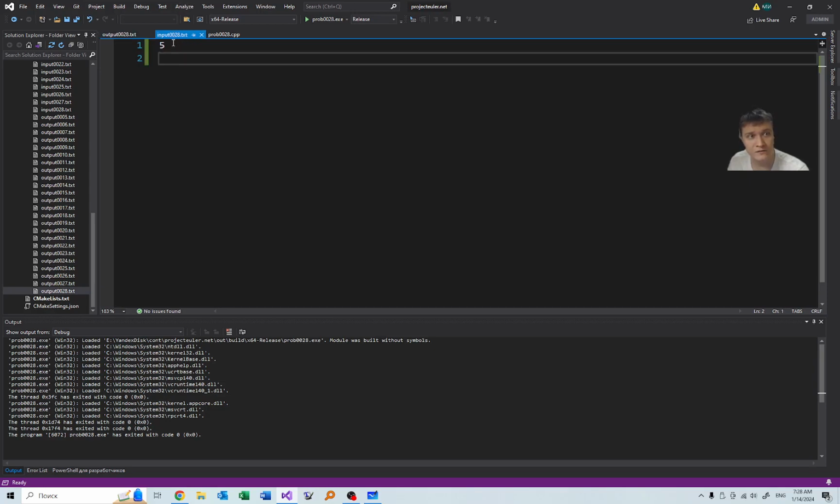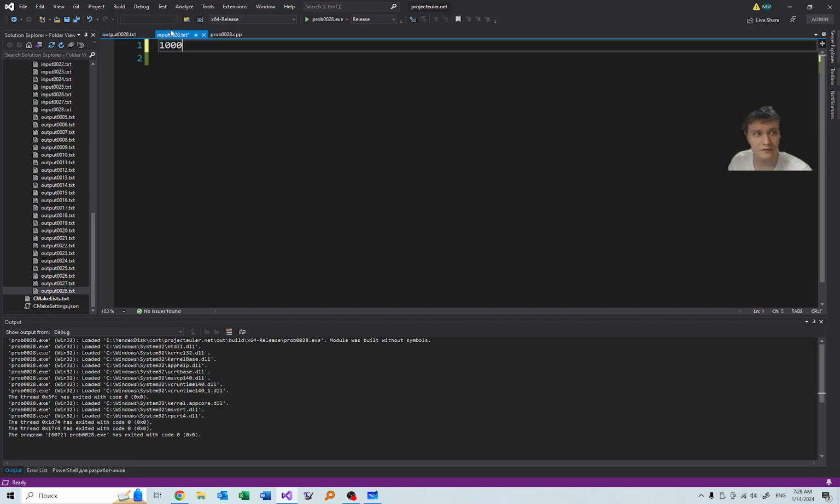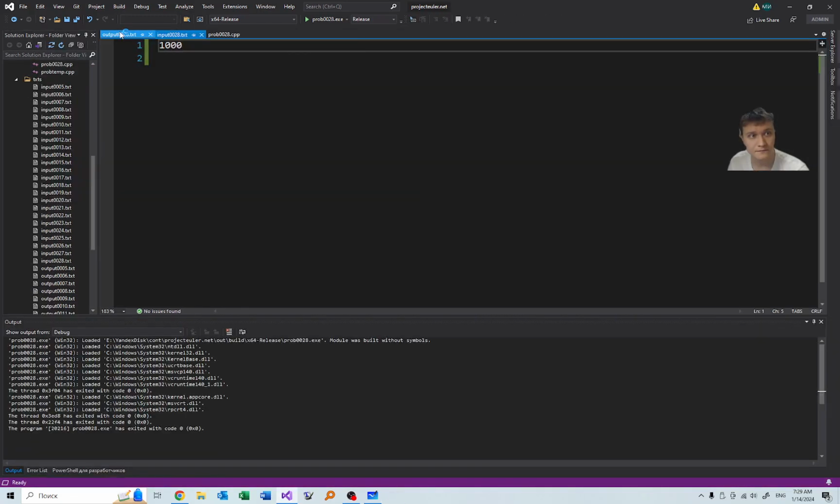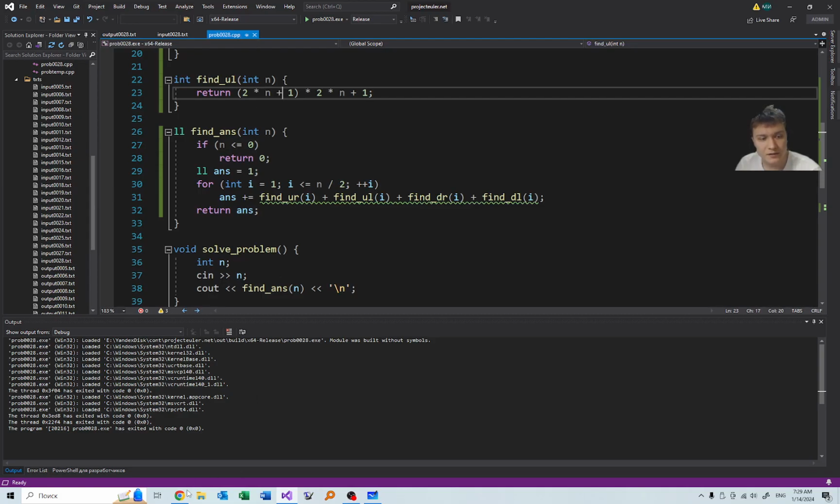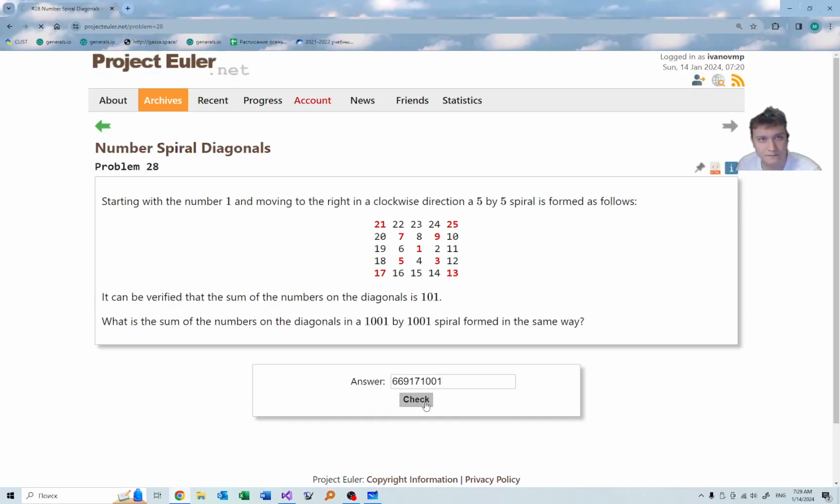Yes, so all our formulae are fine, and now we write 1000. We have this huge number. I'm surprised that it is still less than int. So we can simply write this answer. So we have somewhat linear solution.